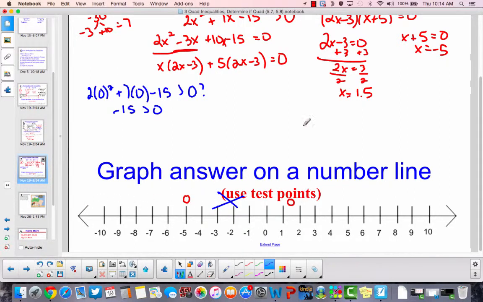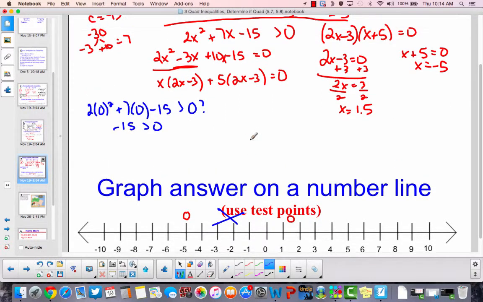An easy number to pick for here: let's pick 2, since it's bigger than 1.5 and would be in this part of the number line. So if we plug 2 in, we get 2 times 2 squared plus 7 times 2 minus 15, and we want to know, is that greater than 0?